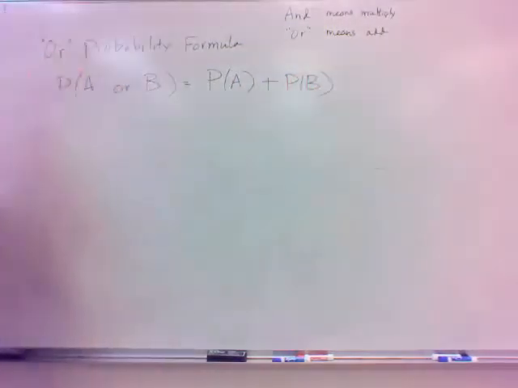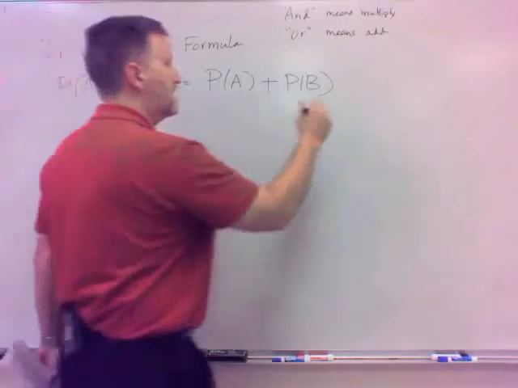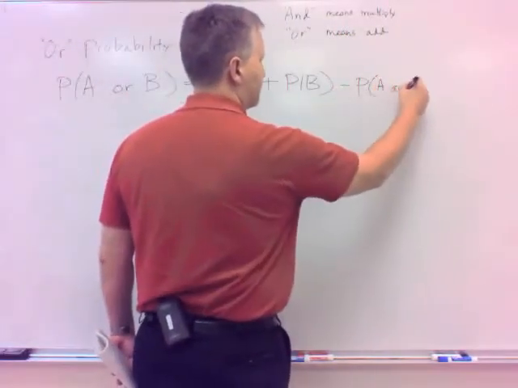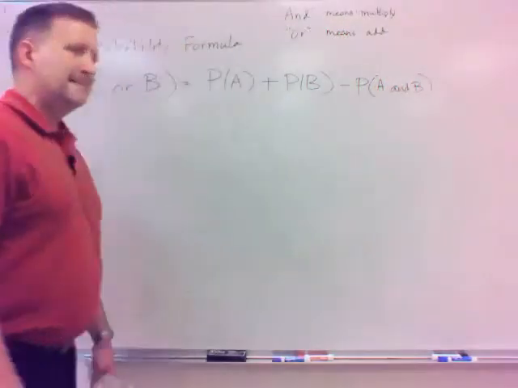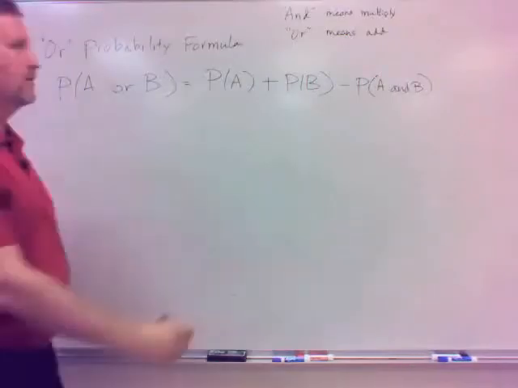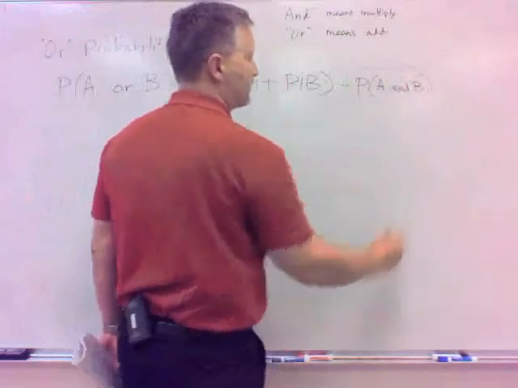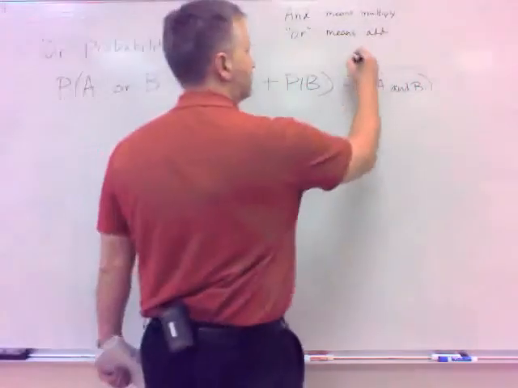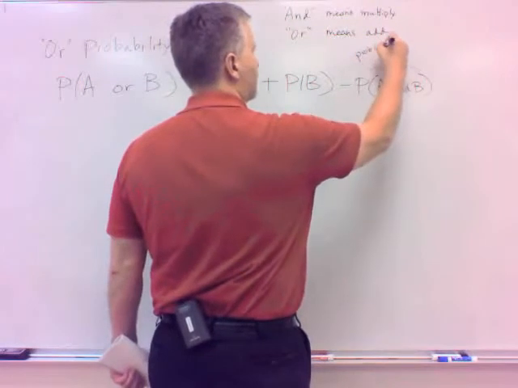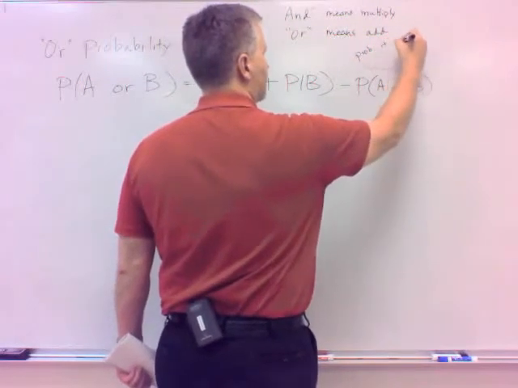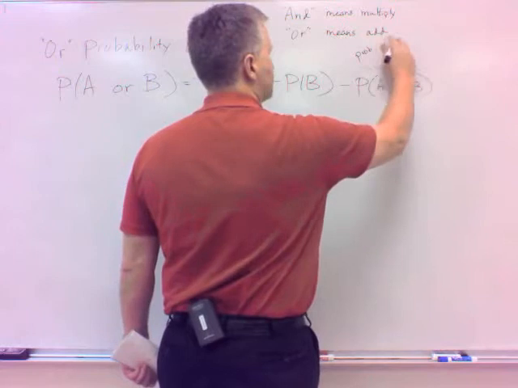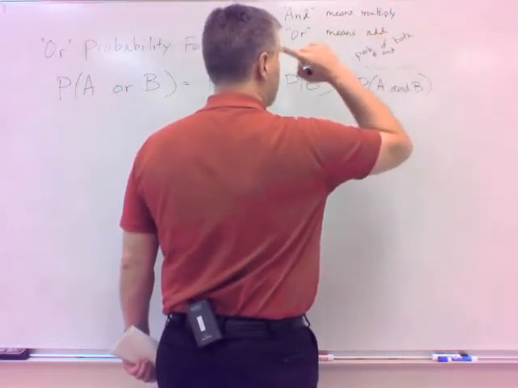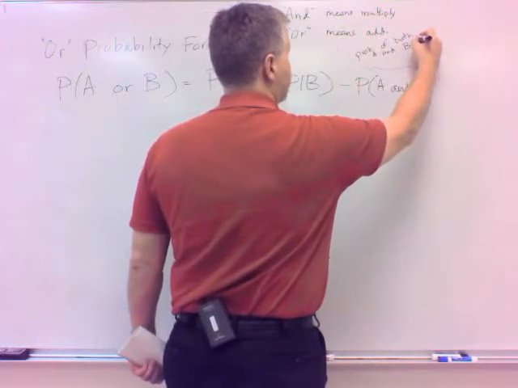Because OR means add. But then you have to minus, and they usually shorten it to just say A and B. But with the understanding of what this means, the probability of A and B is the probability that it's both A and B at the same time. So the probability of both A and B happening at the same time.